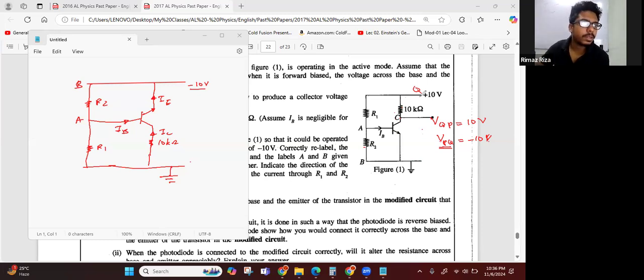Here I want to take this as minus, so I draw this part, then from this I draw this part, and then this one is there and that one is there, and then 10 kilo ohm, then 10 kilo ohm, and then it should be connected to ground, because if I consider 0 here, then this one will be minus 10.